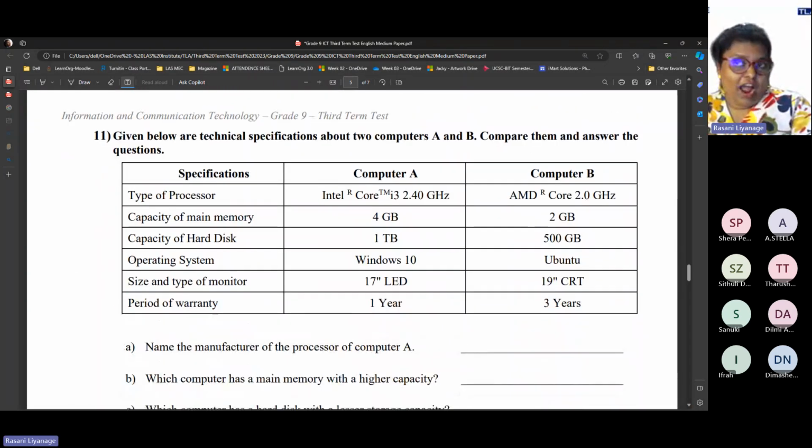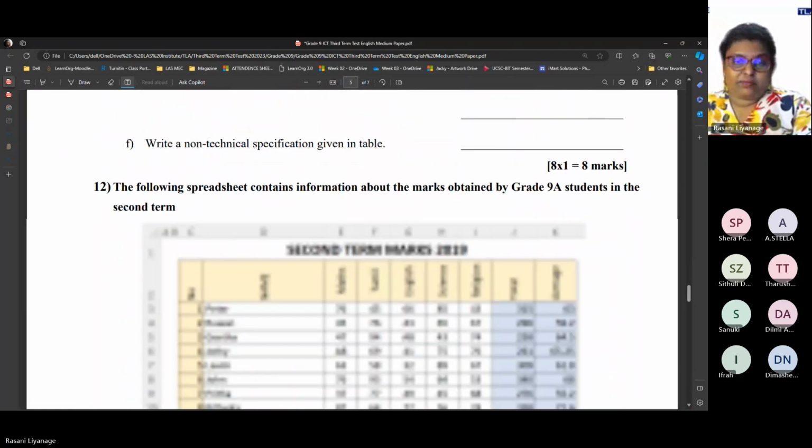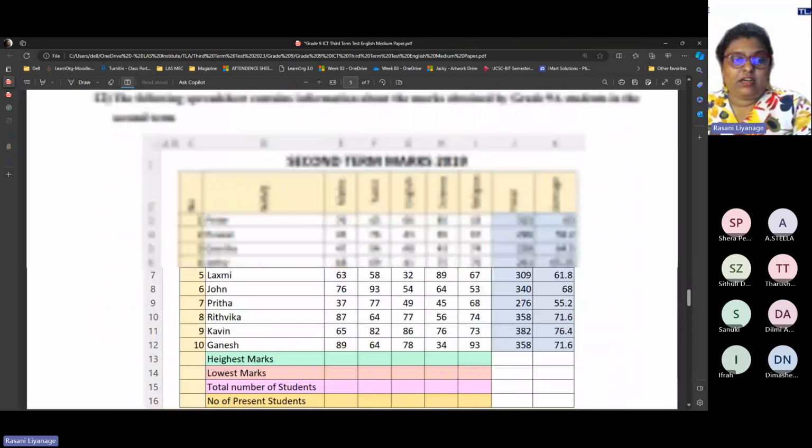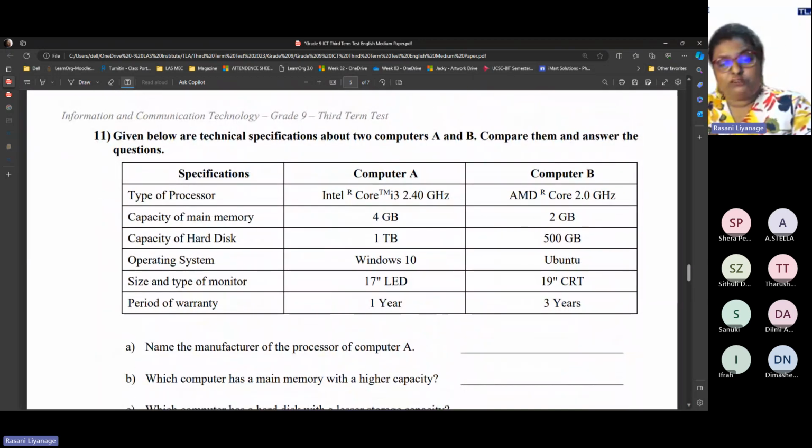11. Another typical comparison ප්‍රශ්නේ. දැකලා තියෙනවනේ ප්‍රශ්නේ. Name of the manufacturer of processor of computer A. That is Intel.